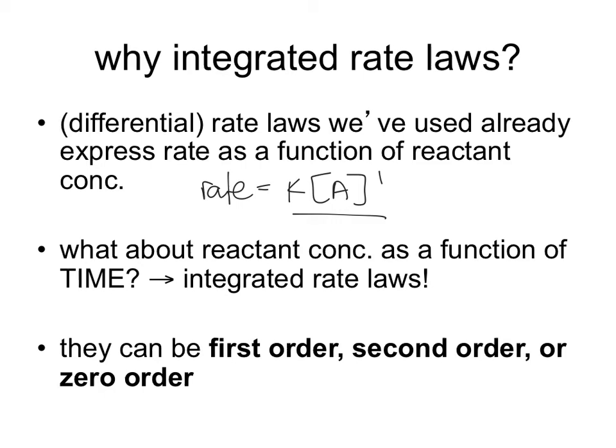The way that we obtain the integrated rate laws is we perform calculus operations on them. We integrate the differential rate laws and subsequently get these integrated rate laws. Now, you will not be expected to know how to do the calculus behind it. You will just be able to use the equations and approach it from that type of perspective.